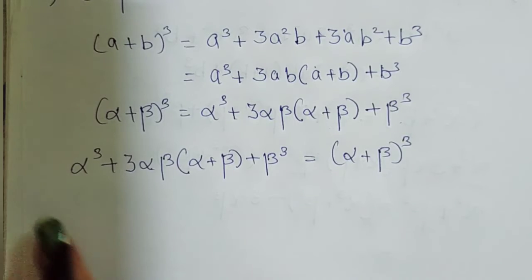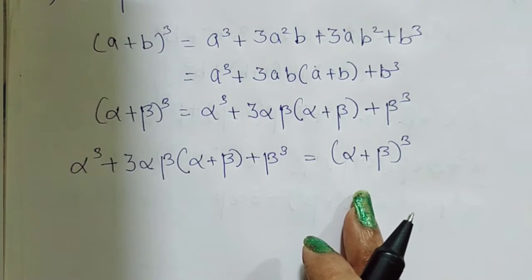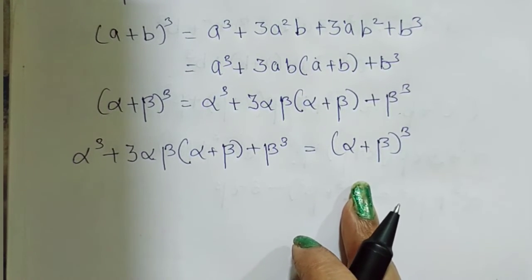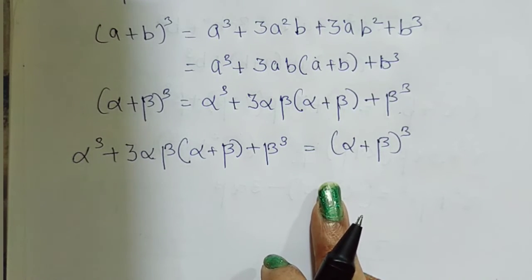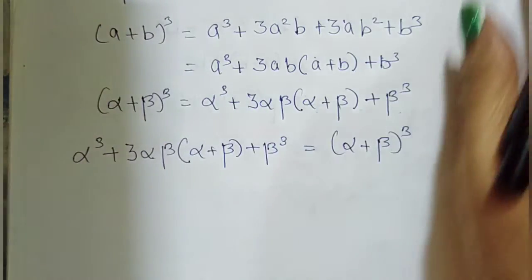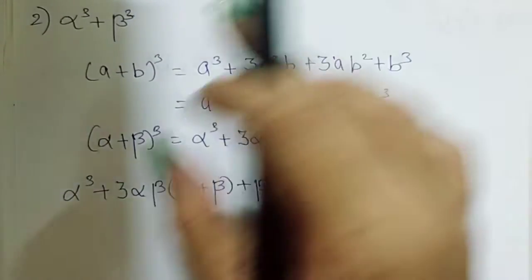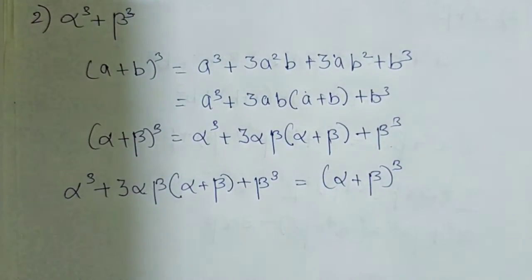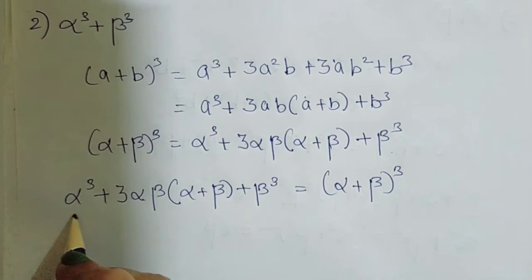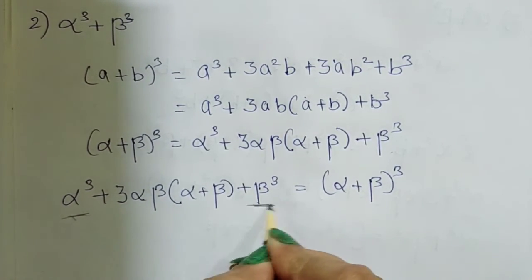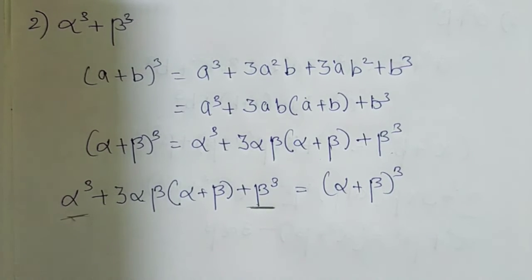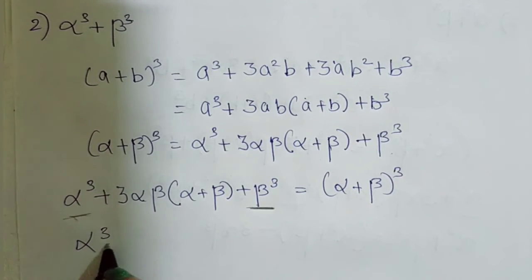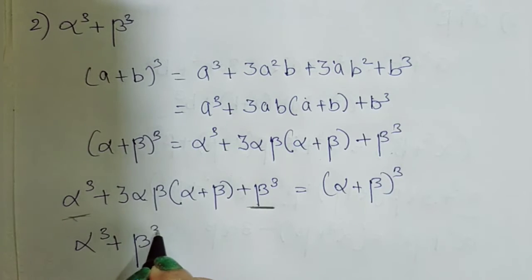Okay. Now here, as you can see, we have some common thing which we have to prove. Like I said, a cube plus b cube we have to prove. So here we are having this thing which we are going to write first. So I am writing here alpha cube plus beta cube.